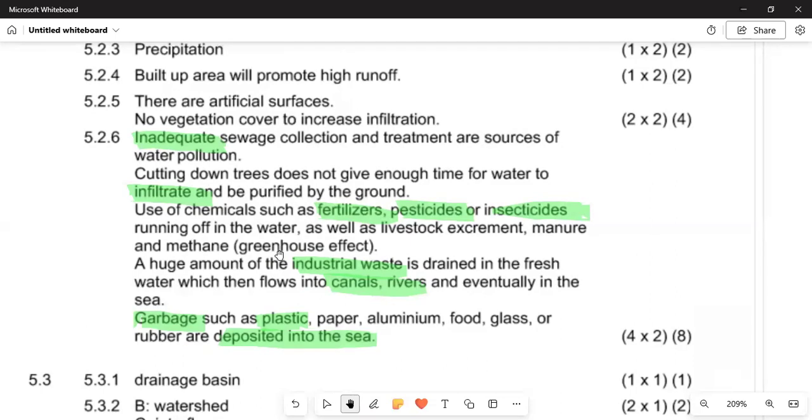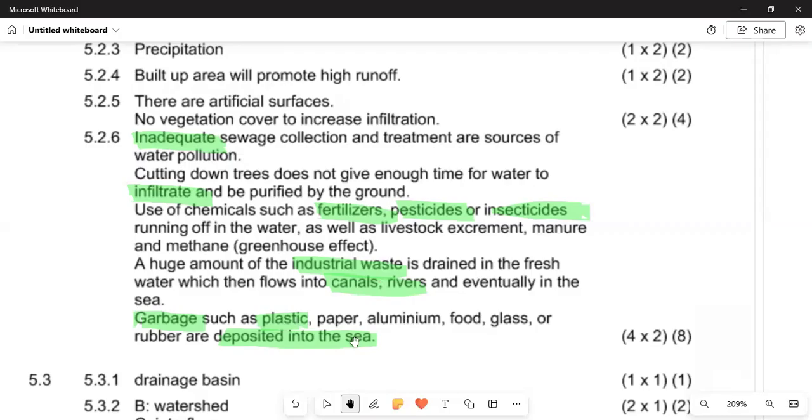The other factor is that a huge amount of industrial waste is drained into fresh water, which then flows into the canals, rivers, and eventually to the sea. And lastly, garbage such as plastic, paper, aluminium, food, glass, or rubber is deposited into the sea.